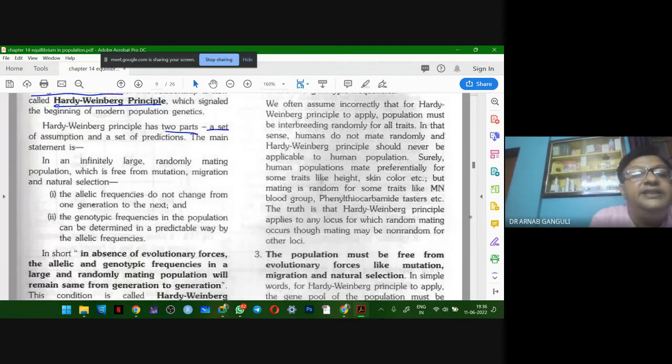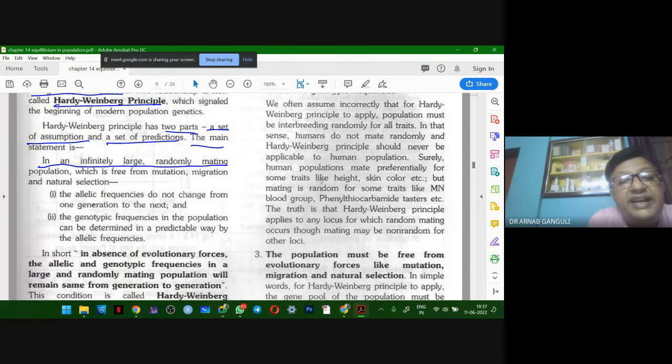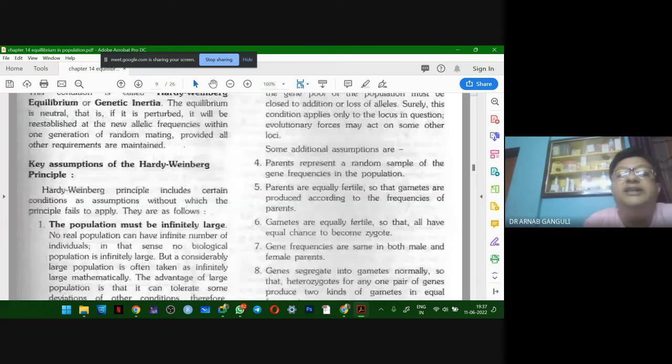First is a set of assumptions and the second is a set of predictions. Main statement is: in an infinitely large randomly mating population which is free from mutation, migration, and natural selection, first thing, note carefully, the allelic frequency does not change from one generation to the other.